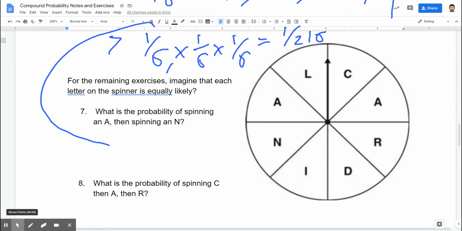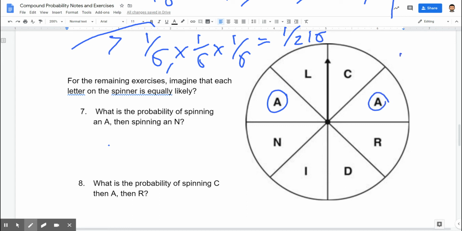All right, so the probability of, what does it say? The probability of spinning an A, then spinning an N. So we have 8 segments on the circle, each of which are evenly likely, but we will note that there are actually not just one, but there are 2 A's, A here and A here.